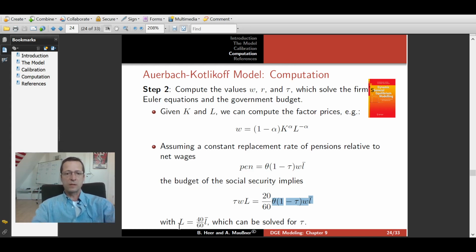Now, noticing that the aggregate labor supply is simply the number of workers, 40 over 60, times the average labor supply L bar, we can solve for tau from this equation. Therefore, once we have K and L, we can compute w, r, and tau with the help of the two first-order conditions of the firm and the Social Security budget, asking for a replacement rate of 30%.